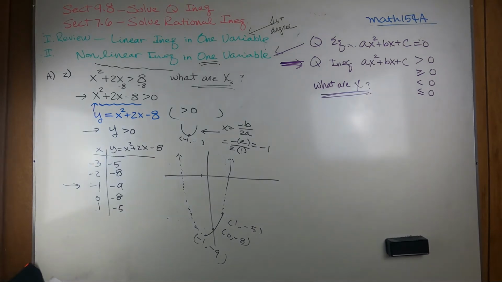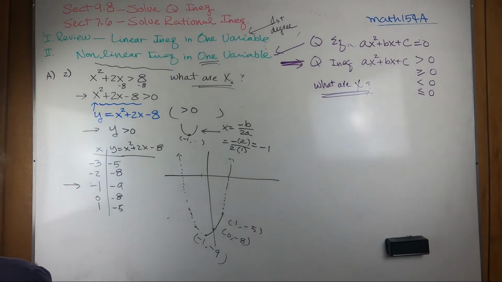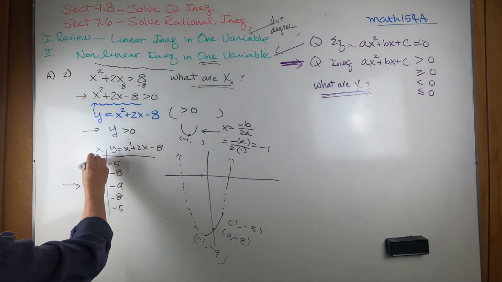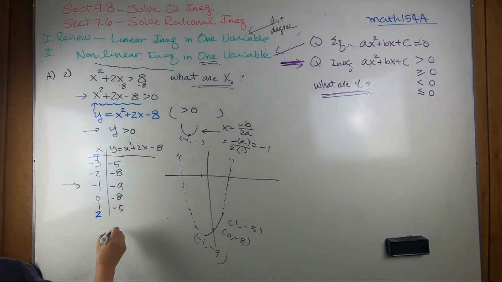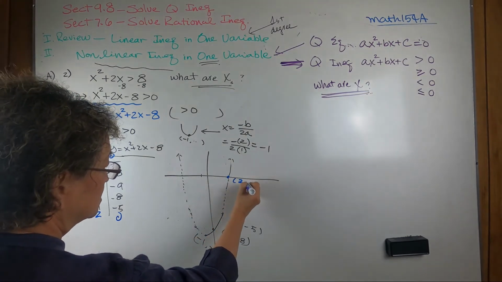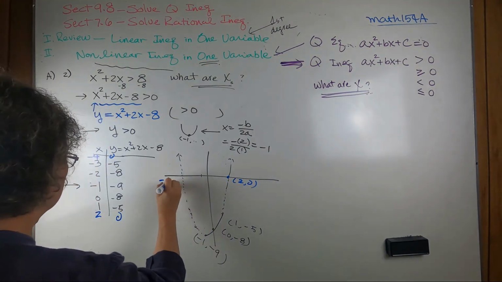Okay? So if I extend more points, I have 2 and negative 4, then I will get 0 here. So I just make more points. So that would be 2, 0, and negative 4, 0.